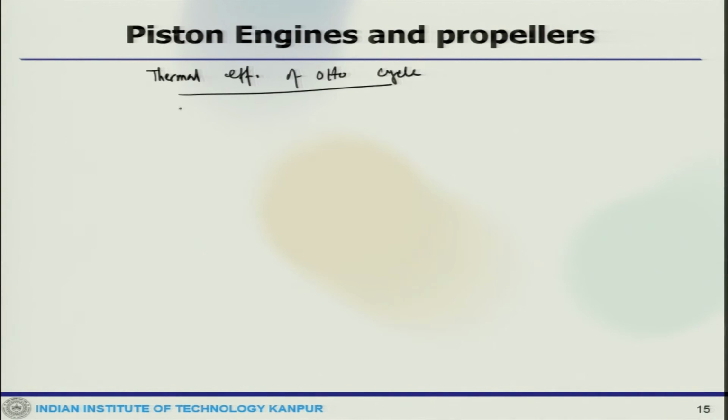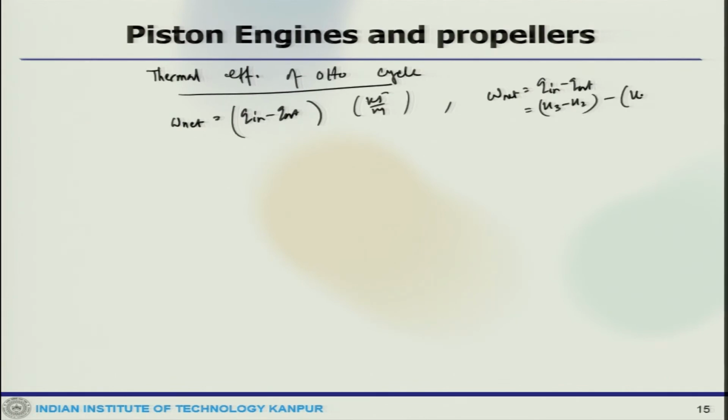So the energy balance could be written in terms of kilojoule per kg, with W net being Q in minus Q out, which is (U3 minus U2) minus (U4 minus U1).